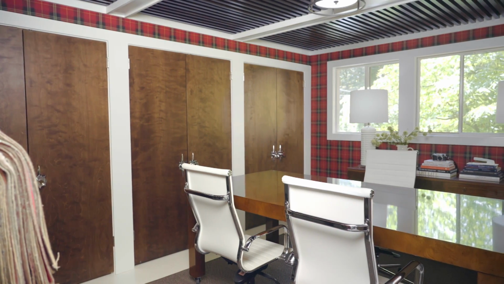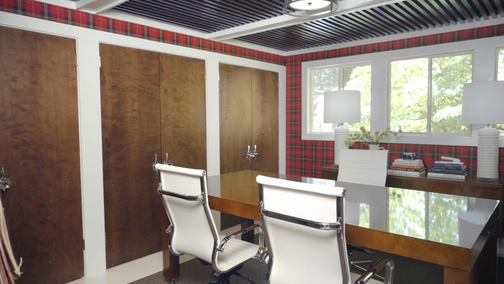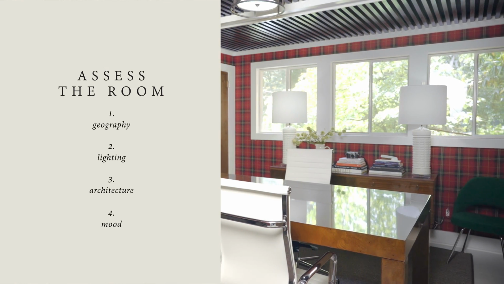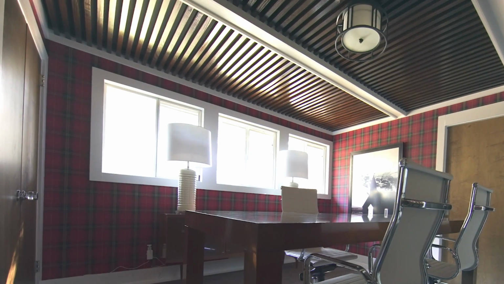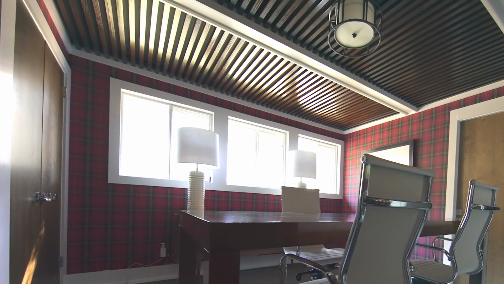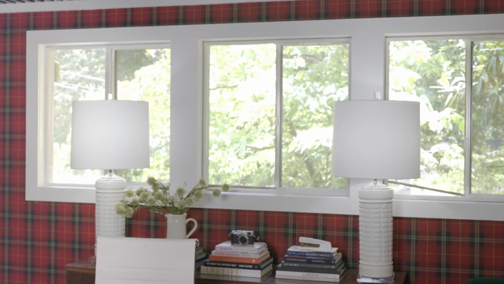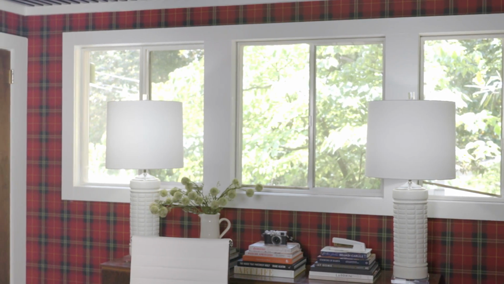Even though these two rooms are like totally different, in order to create the focal point in here, I followed those same 4 principles: geography, light, architecture, and mood. The room itself is southeast facing, and it's right where the top of the trees sit. So there's all this tree canopy that causes this area to be super dark. So that was the reason the overall light source in here looks a little bit dark.